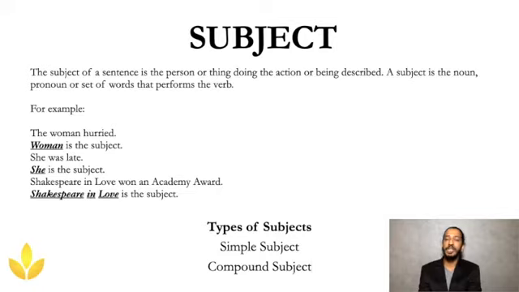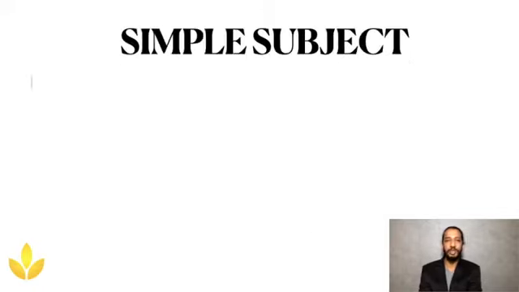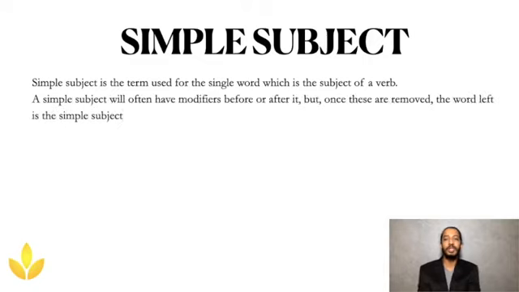So, what is a simple subject? A simple subject is the term used for the single word which is the subject of a verb. A simple subject will often have modifiers before or after it, but once these are removed, the word left is the simple subject.